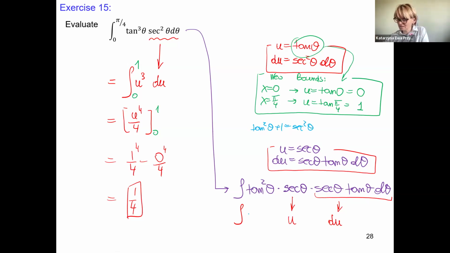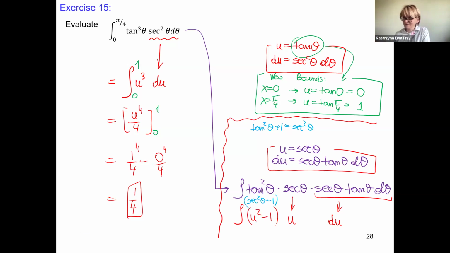That means tangent square is secant square theta minus 1, and secant is u with respect to our substitution. So we can say u squared minus 1. Actually, yes, we can distribute. The integral will be u cubed minus u du.